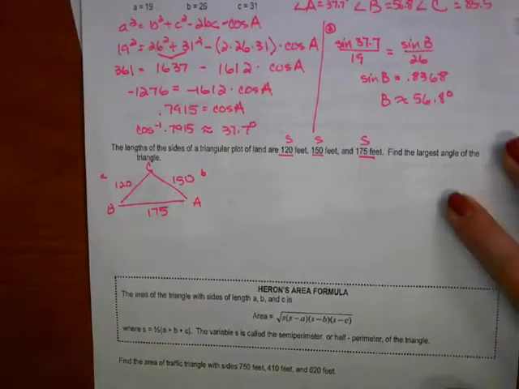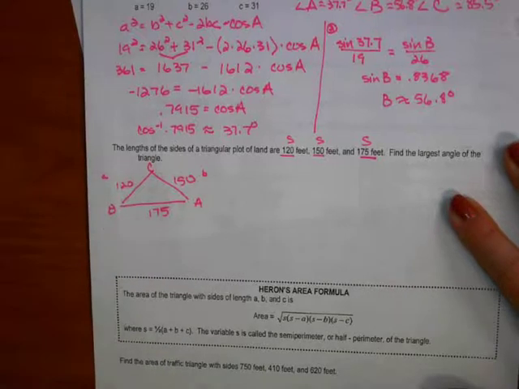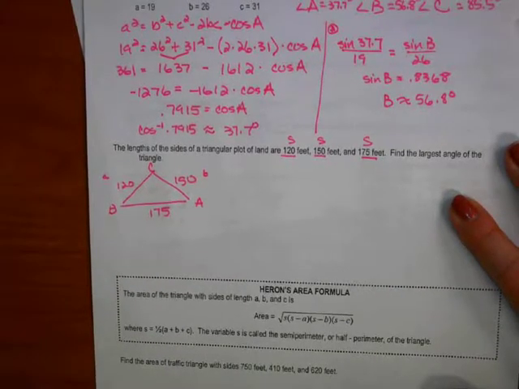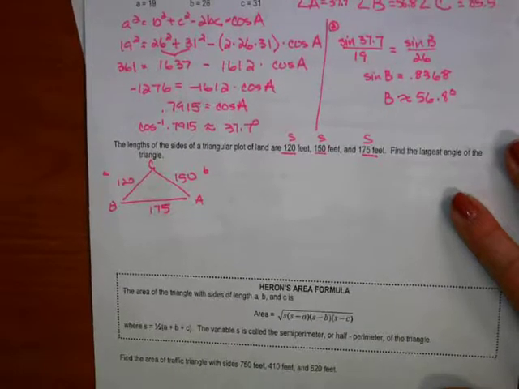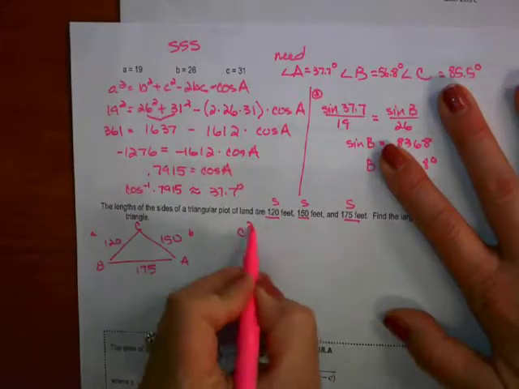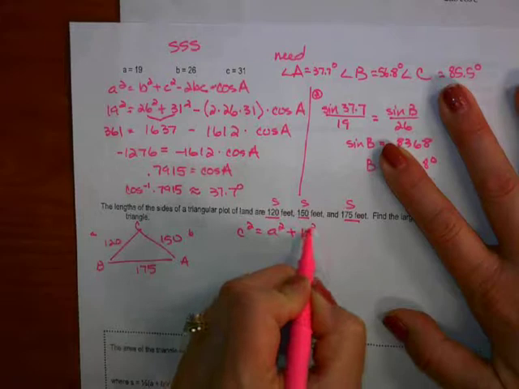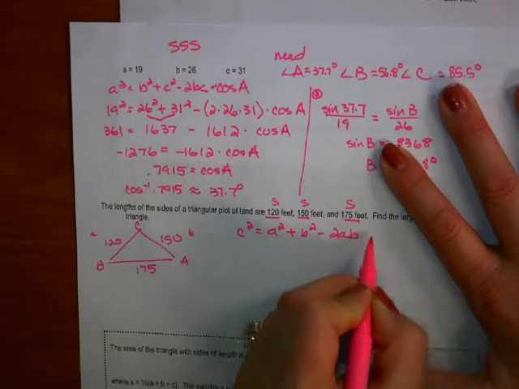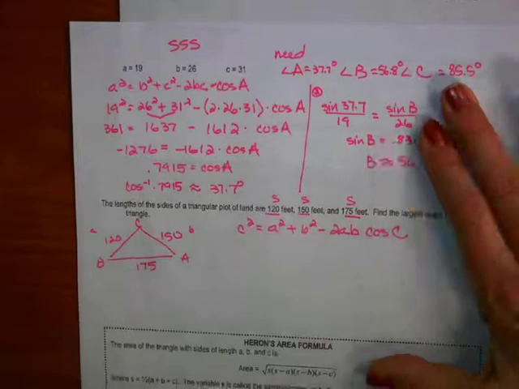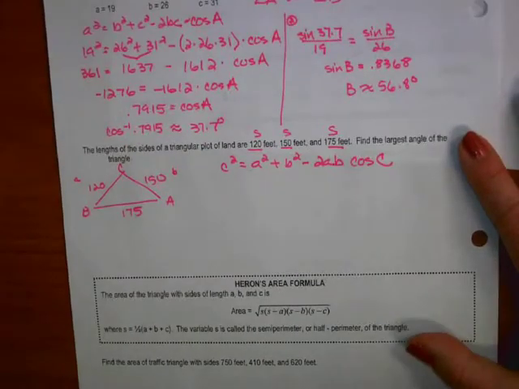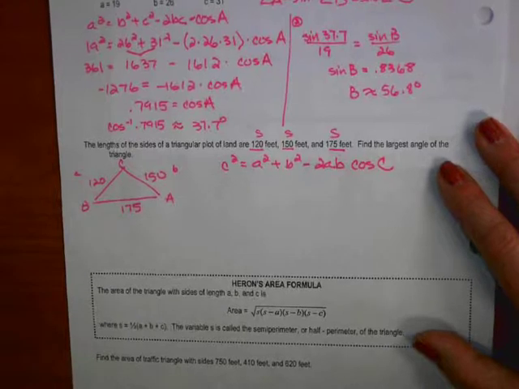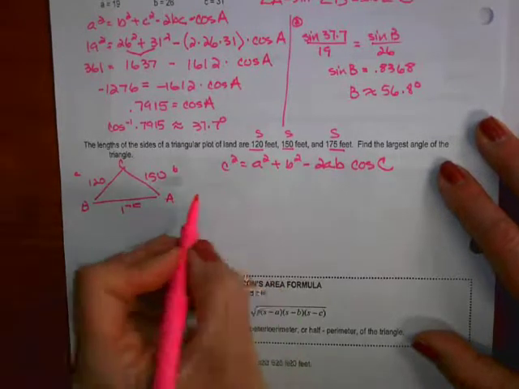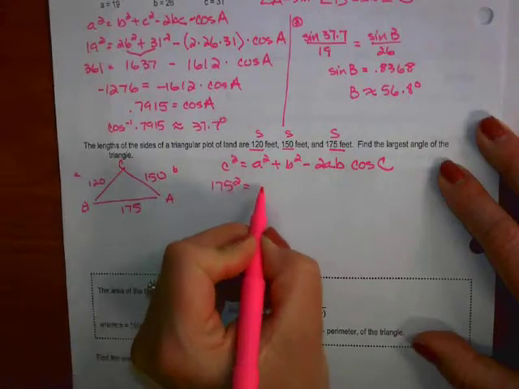Okay? So I need to find the largest angle. Well, which angle would that be according to the way I labeled it? C. So I'm going to use the equation that has cosine C in it. So C squared equals A squared plus B squared minus 2AB cosine C. Probably I don't need to work through this all with you, but we'll plug in the numbers just to do it.